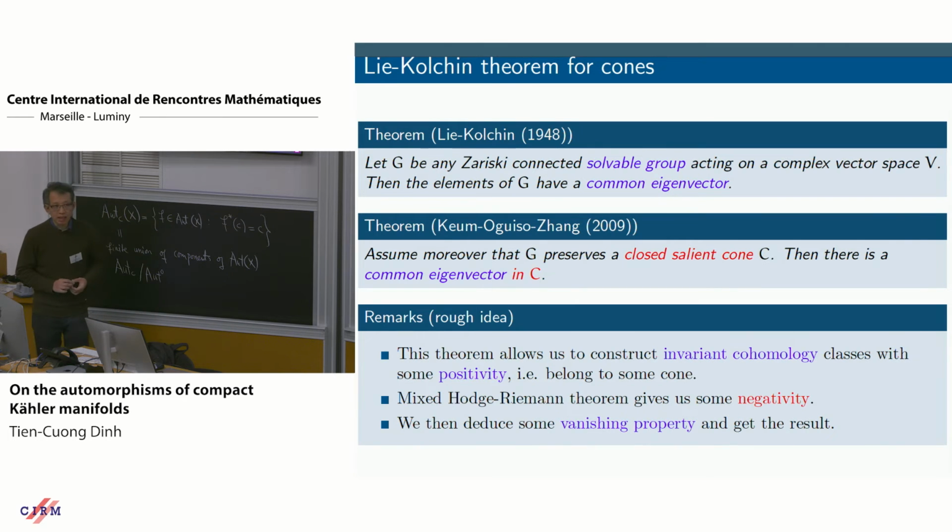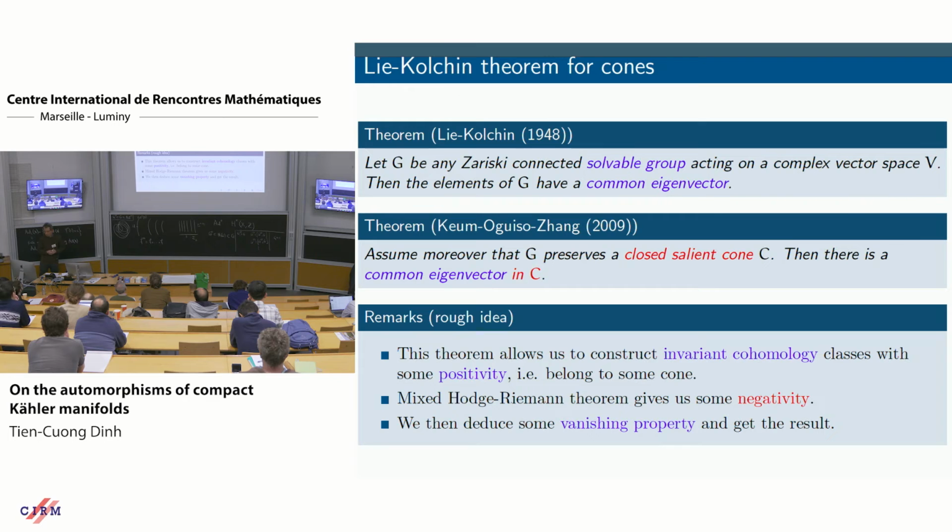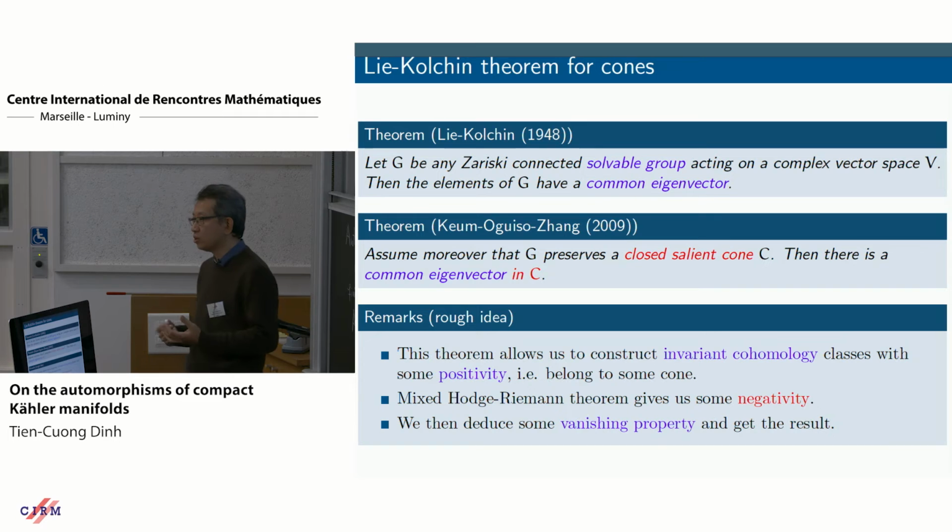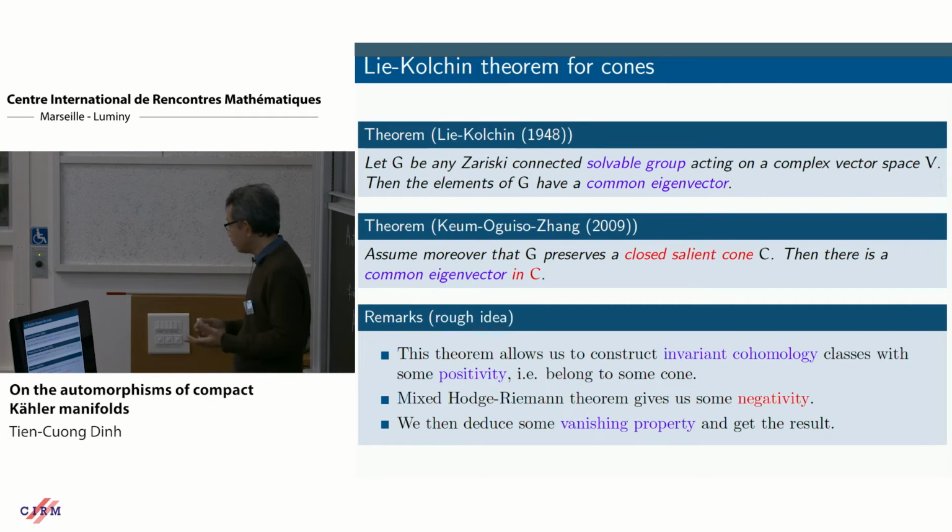So the second technique that we need is the Lie-Kolchin theorem. The Lie-Kolchin theorem says that if you have a Zariski connected solvable group acting on some complex vector space V, then you have a common eigenvector. It's an exercise if the group is abelian. If the group is abelian, it's very easy to do that. But if the group is solvable, you can still do that.